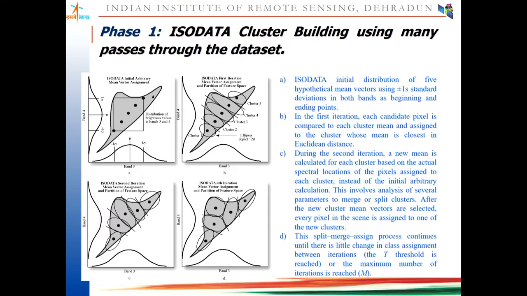Then in the first iteration, each candidate pixel is compared to each cluster mean and assigned to the cluster whose mean value is closest in Euclidean distance.